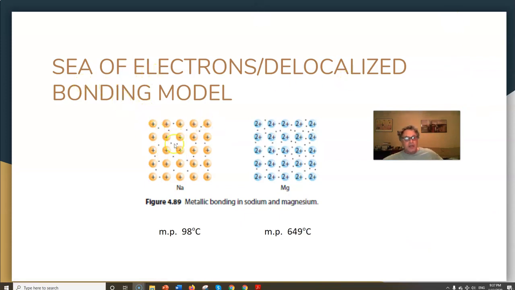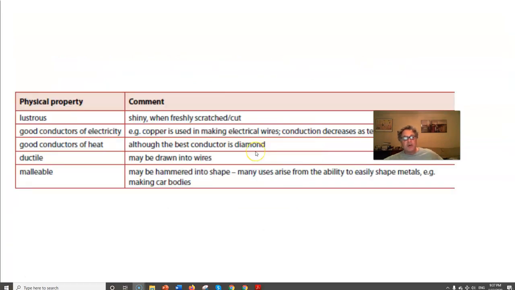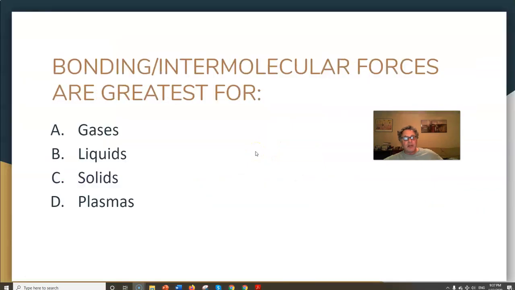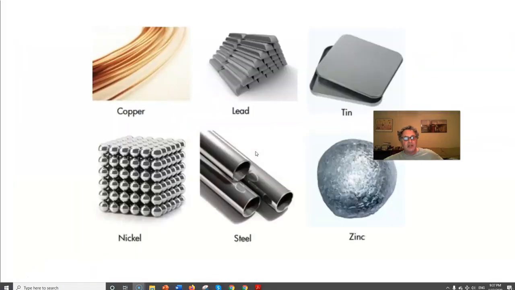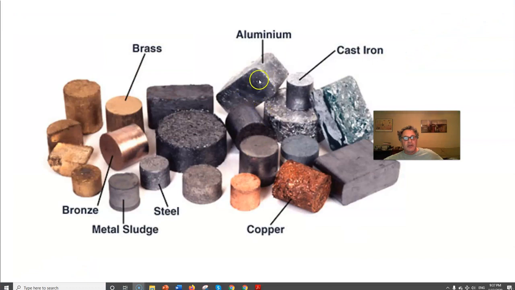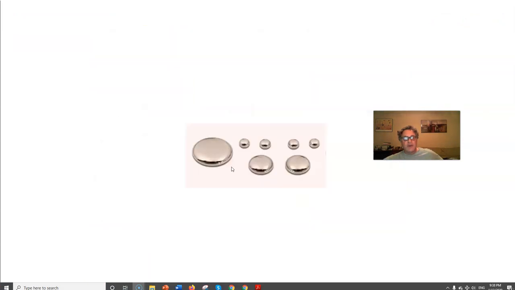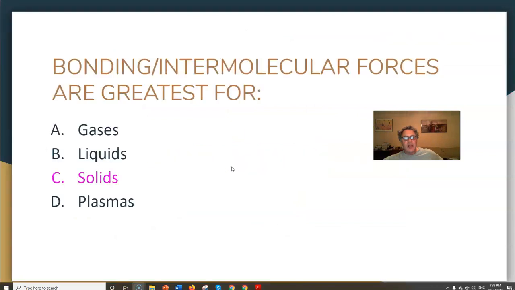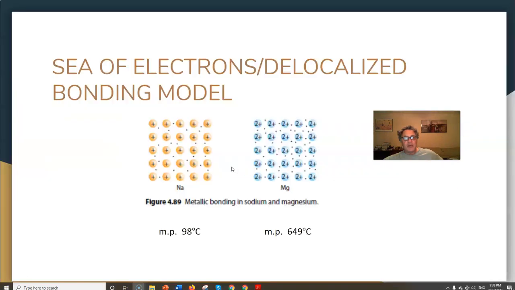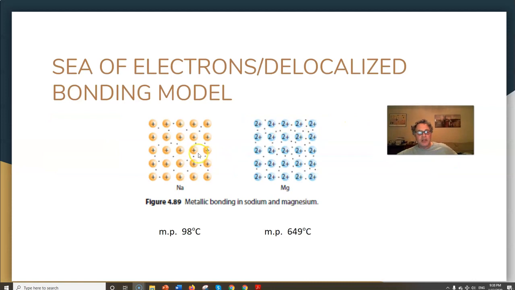This is a depiction, say, of a cross-section of a piece of solid sodium metal and a cross-section of a piece of solid magnesium metal, right? Imagine that you had a piece of metal that looked like this, and you took a very thin slice of it, and then you examine that slice under a very, very powerful microscope. You would see something like this.